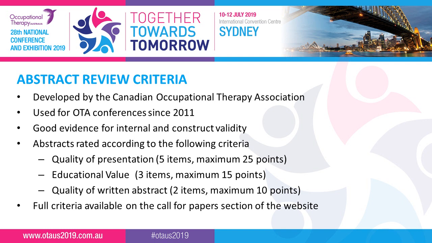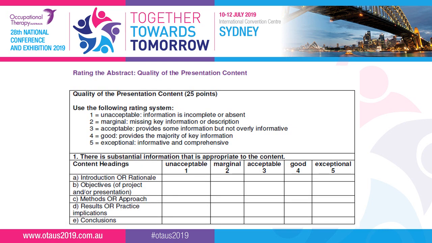So the overall total score can range from a low of 10 to a high of 50. The full description of the criteria are available on the Call for Papers section of the website, but I will go through each of the sections in a little bit more detail on the following slides.